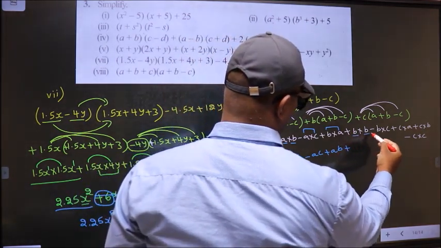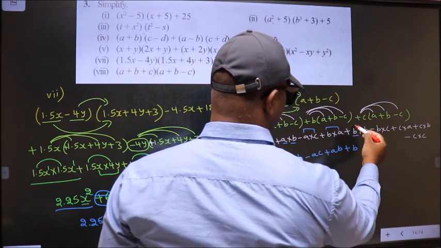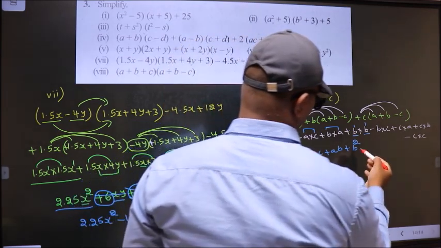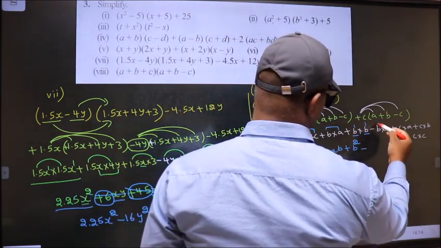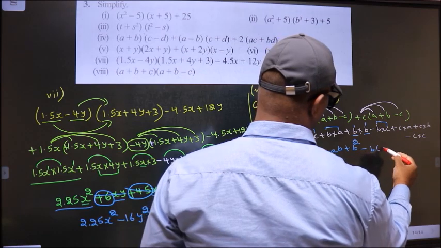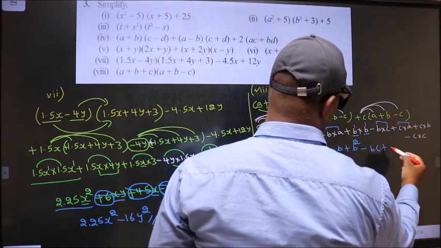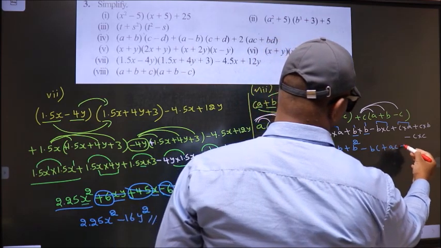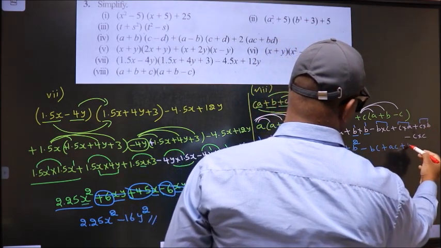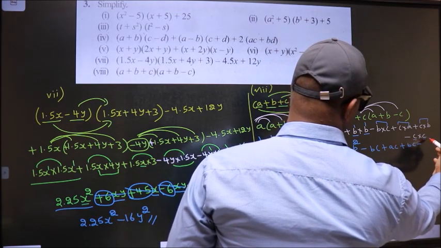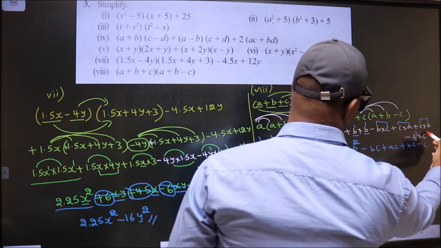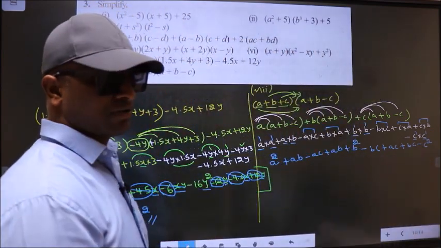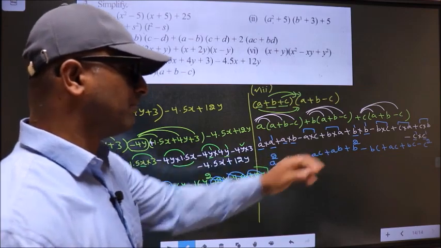Next, B, you write B, add the powers, 1 plus 1, 2. Next, letters are different, so as it is you write. Plus, letters are different, as it is you write, whether CA or AC, same thing. Plus, letters are different, so you write as it is. Minus C, add the powers, we get 1 plus 1, 2. Okay.